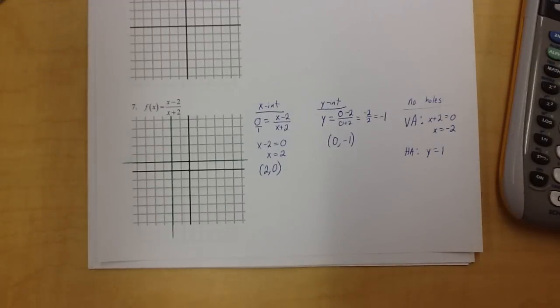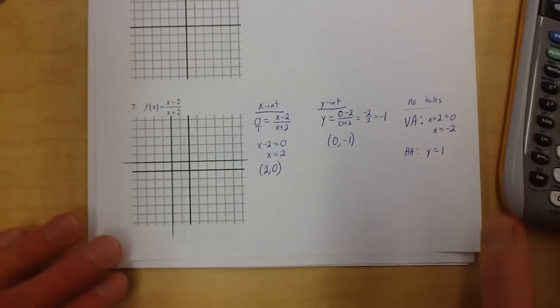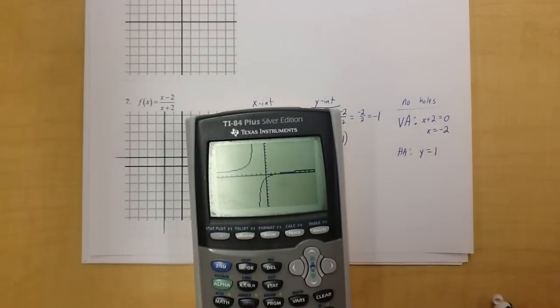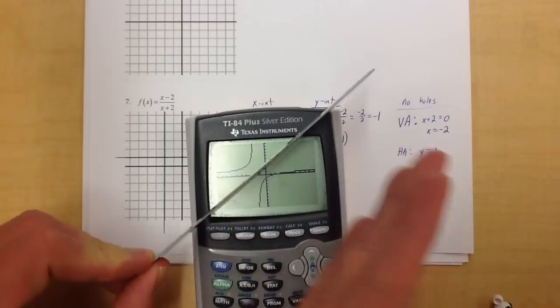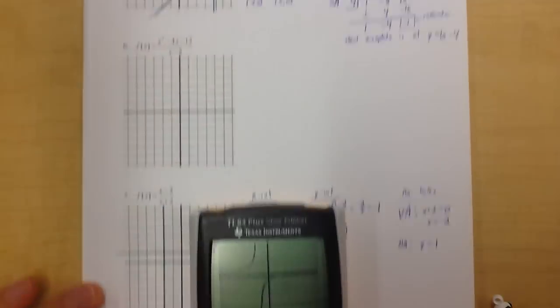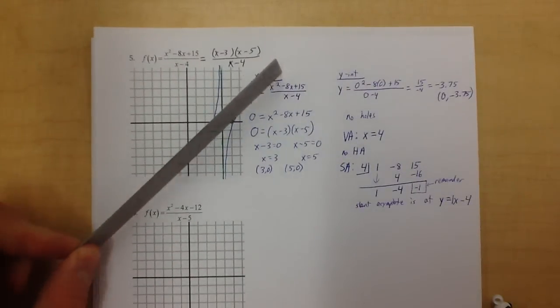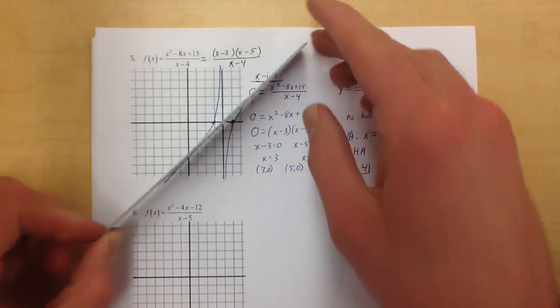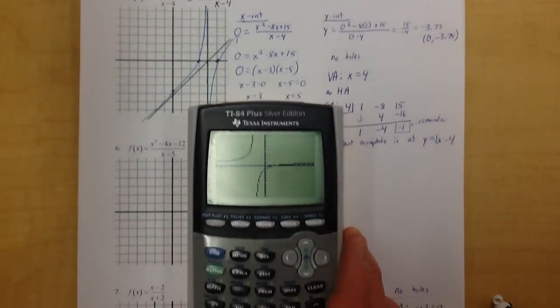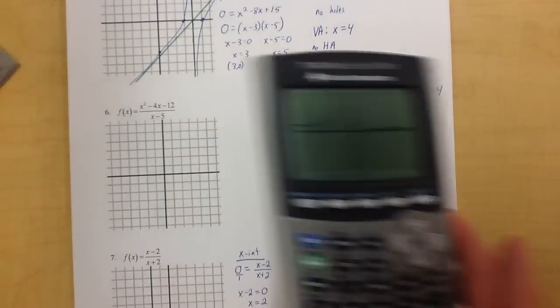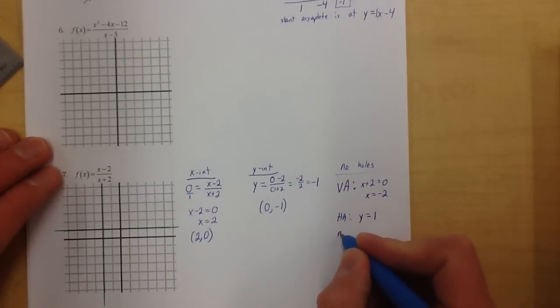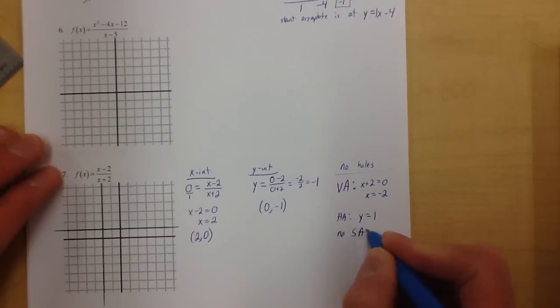Nowhere in this graph did I ever say, see how it's approaching like a slant sort of thing, like this one? That one was clearly slanted. But in this case, it was horizontal or vertical, but not slanted. So there is no slant asymptote.